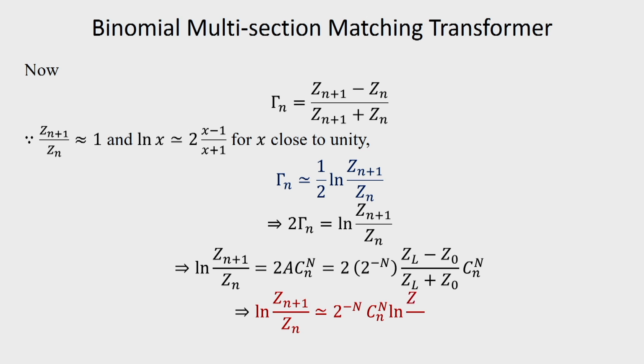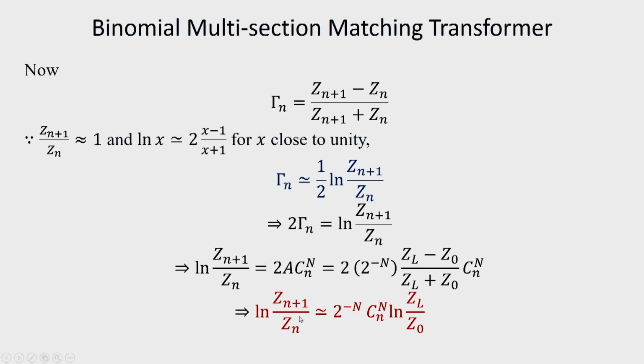And then we can further simplify it into log of Z_{n+1} by Z_n is approximately 2 to the power minus N times N C n times log of Z_L by Z_0. Now, this gives us a relationship where we can calculate Z_n recursively.